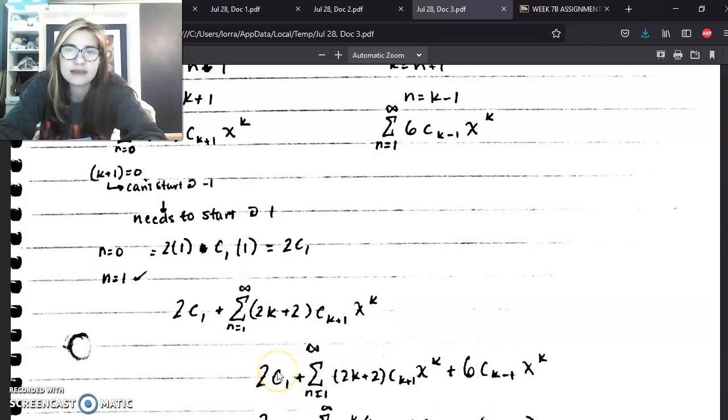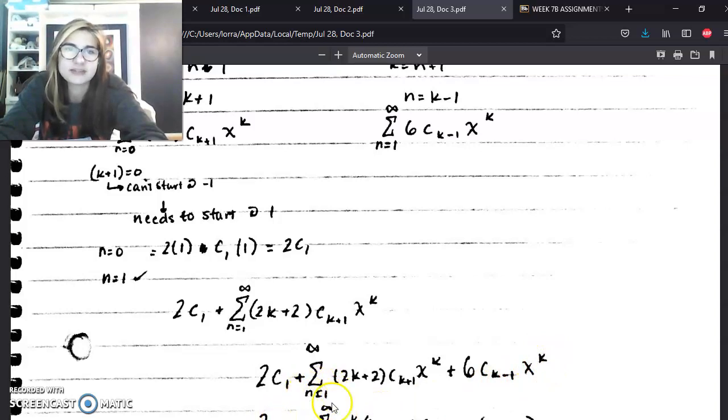And then you simply can add them together because their bases are the same and their x's are to the same power. So you have 2c_1 plus the sum from n equals 1 to infinity of (2k+2)c_(k+1) x^k plus 6c_(k-1) x^k.